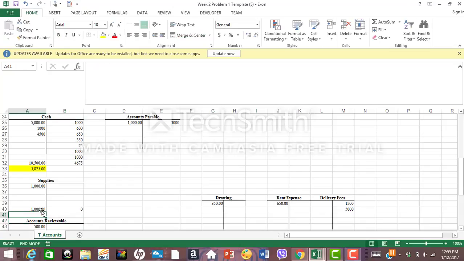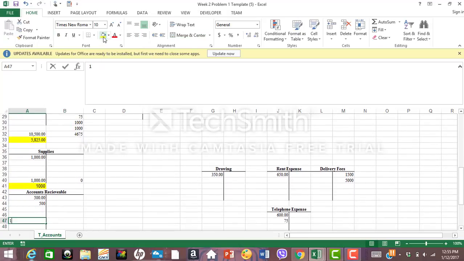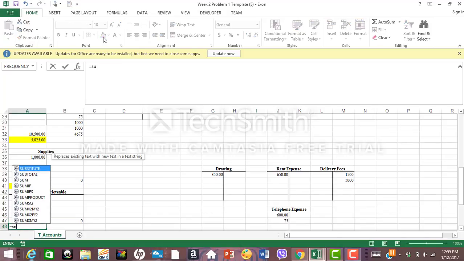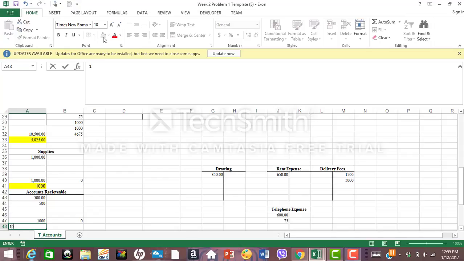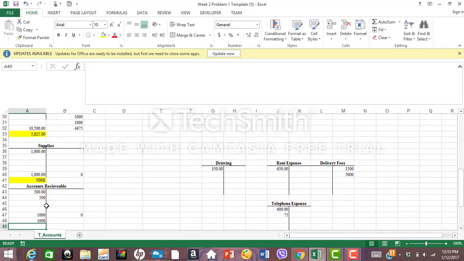Let's just do 1,000 over here, and then accounts receivable is 1,000 on this side. You haven't received any money back, so your balance is $1,000 on accounts receivable.